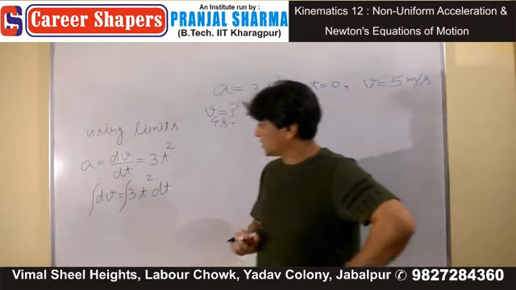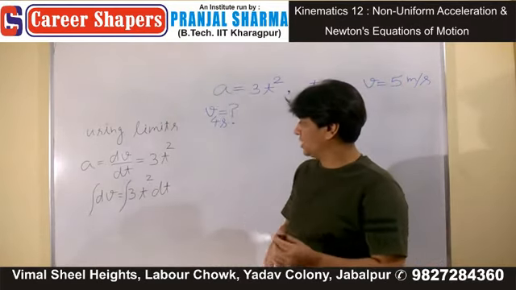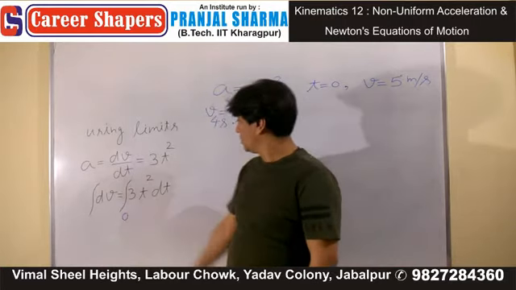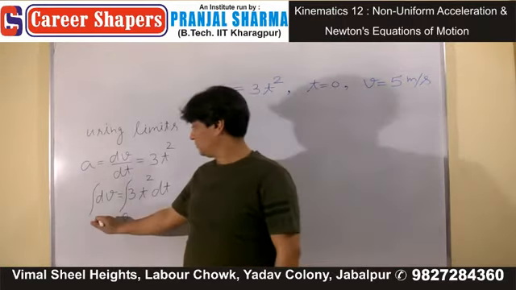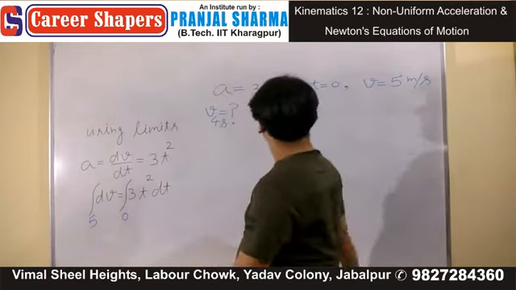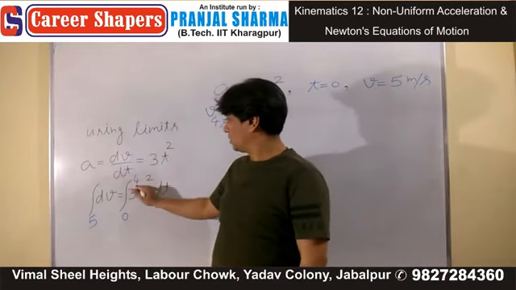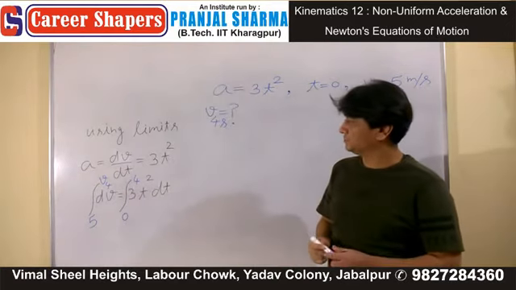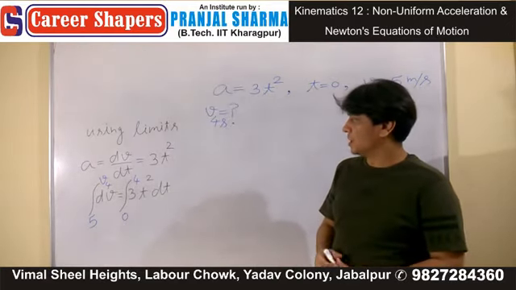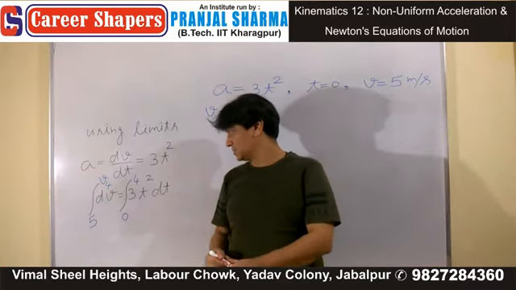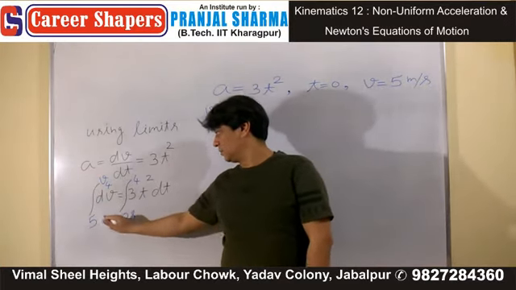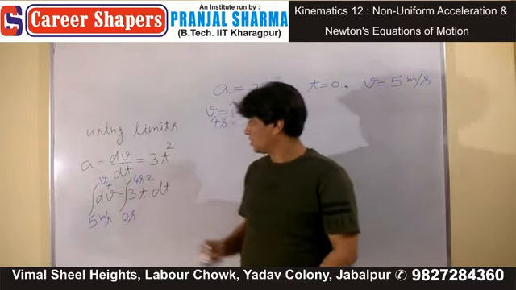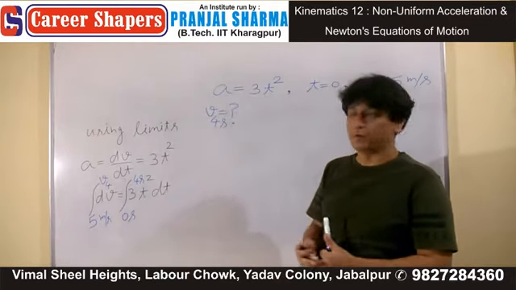Use the integration sign, show the limits: 0, 5, 4, and we need v at 4 seconds. When time is 0 seconds, velocity is 5. When time is 4, we need v4.